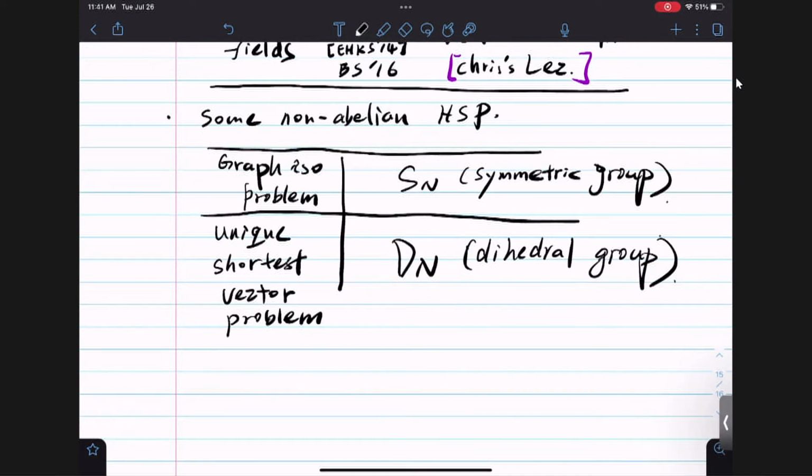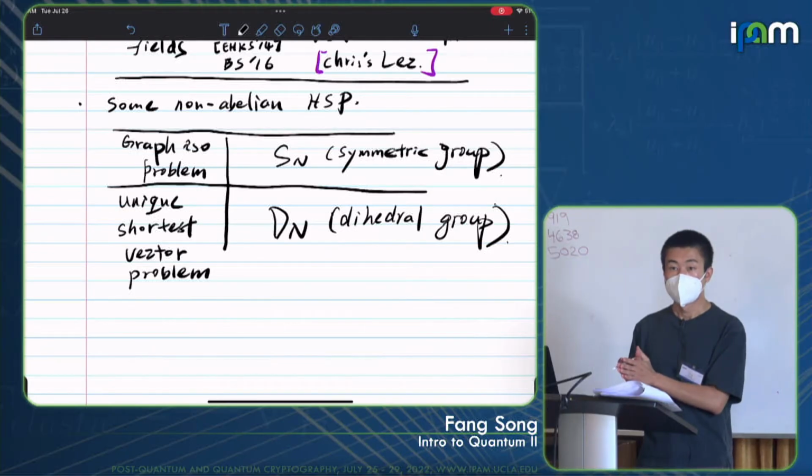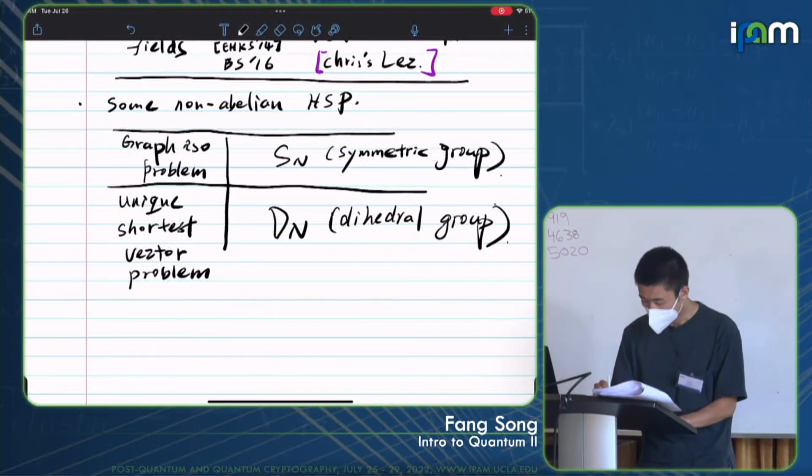Okay, so when I say this, some of you might panic. Oh, does that mean we can solve the lattice problem, the unique shortest vector problem? Unfortunately, or fortunately, depending on your perspective, we don't have efficient quantum algorithm for this non-abelian HSP instances, and that's a big open question.